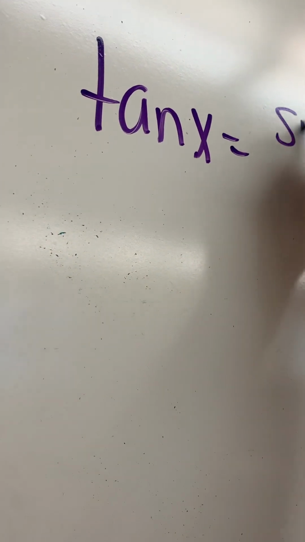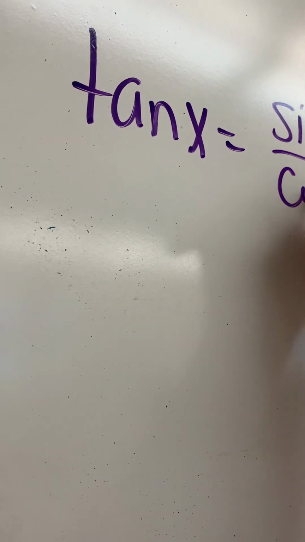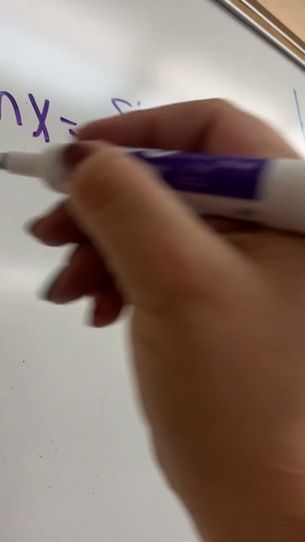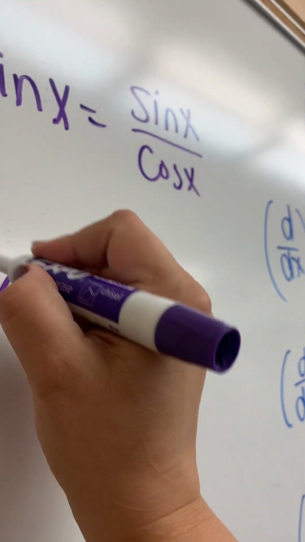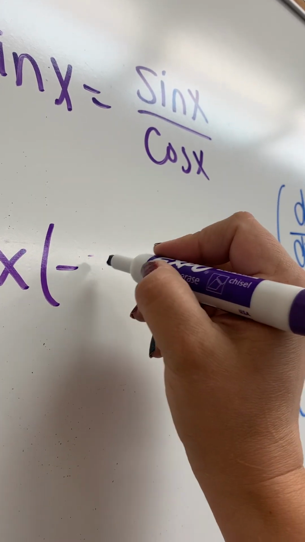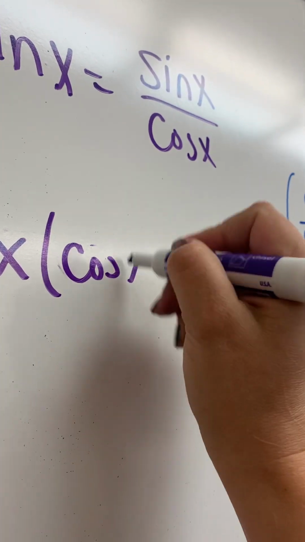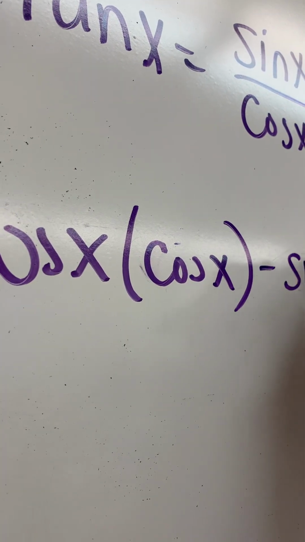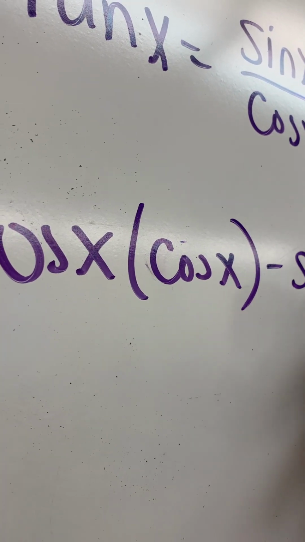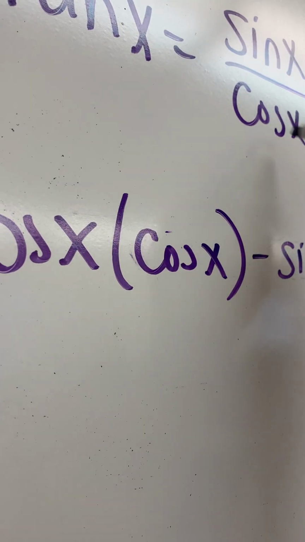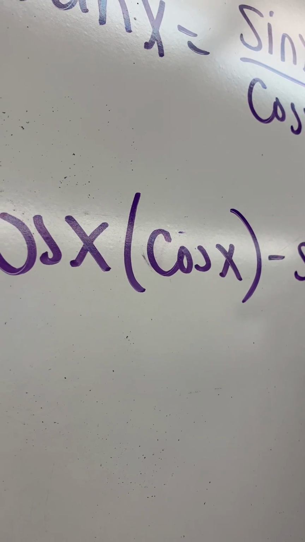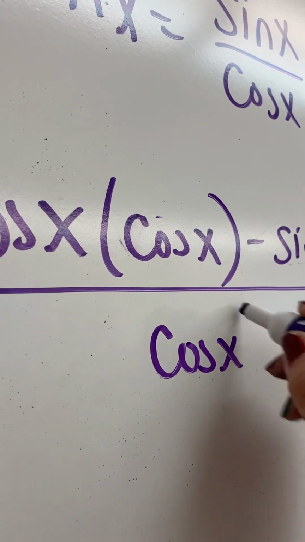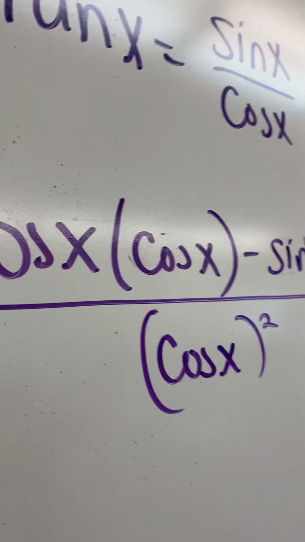We know that tangent is sine over cosine. So if I'm doing the quotient rule, if I take my denominator times the derivative of the numerator, which is cosine x, minus that numerator, sine x, times the derivative of the denominator, which is negative sine x, all over denominator squared.